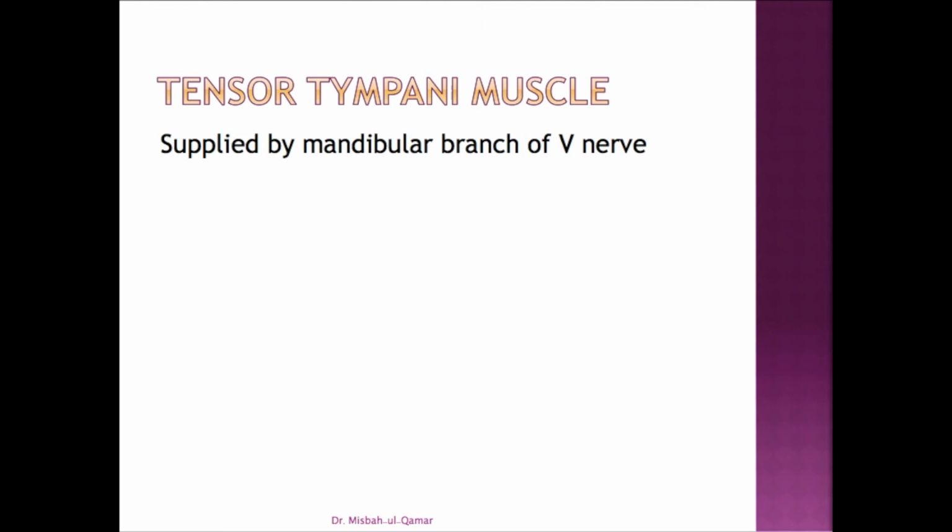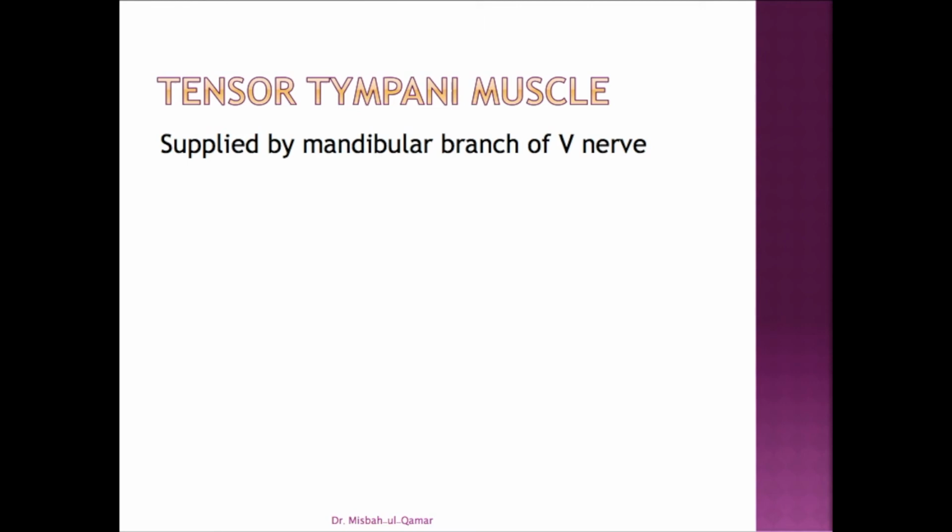So as far as the tensor tympani muscle is concerned, it runs in a canal along the roof of the eustachian tube, and its tendon attaches to the handle of the malleus, and the muscle is supplied by the mandibular branch of the trigeminal nerve.